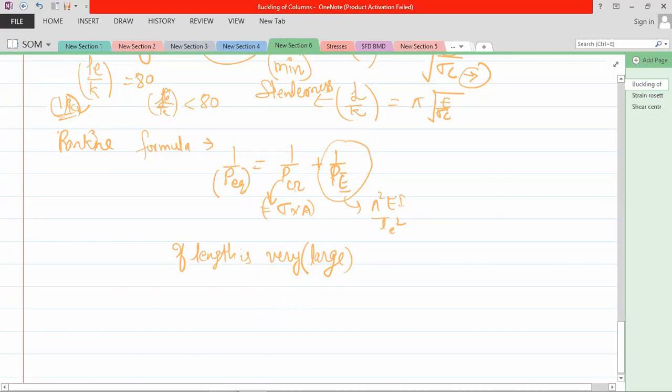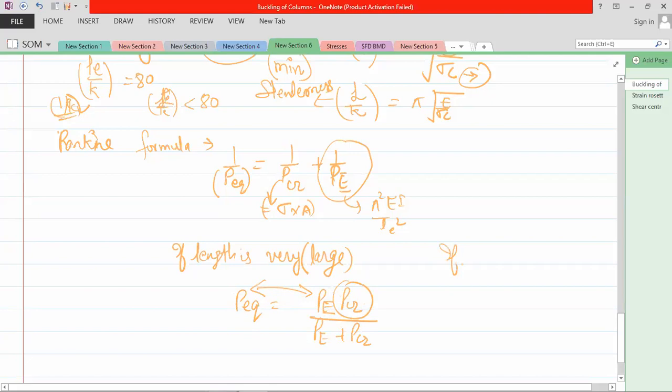If I write it this way, P equivalent is P crushing divided by P Euler plus P critical. If P Euler is very small compared to P crushing, you can get a value of P equivalent comparable with the Euler buckling.